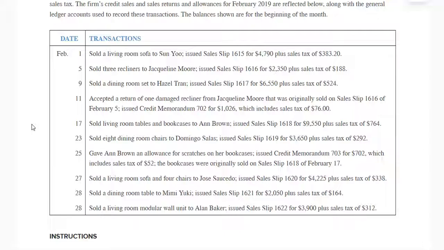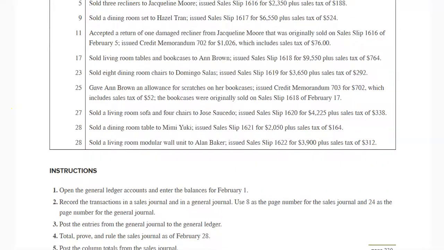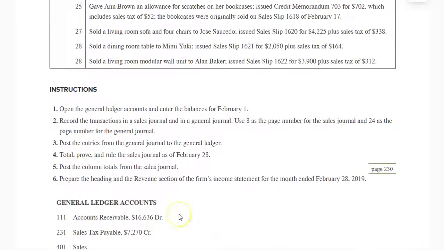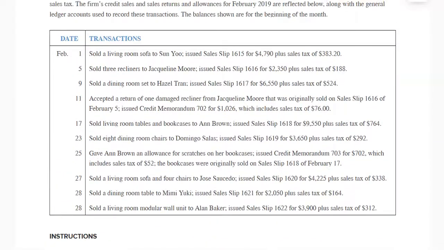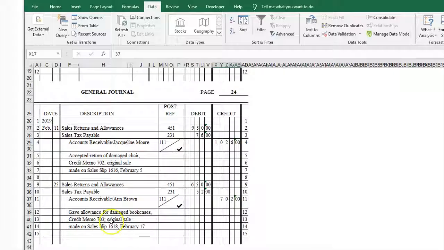Credit memo for 1026 includes sales tax of 76. So that means we go to, just like before, the general journal. General journal is the journal that you put the sales allowance and returns in, which is what we have here. It's always going to be a debit balance.